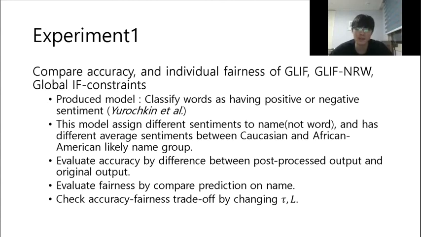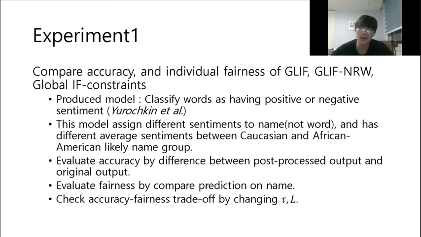This model is classifying words as having positive or negative sentiment. Actually, it is grading the sentiment of words. There are word-name pairs, and the model output shows that there are different sentiments for a name, and a different average sentiment between Caucasian and African American likely name groups too.